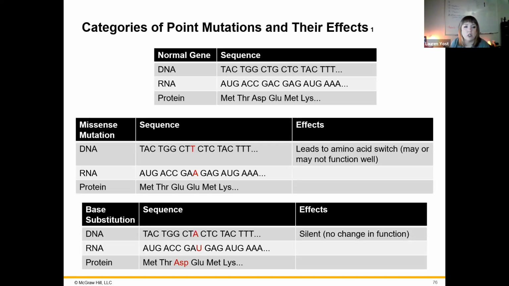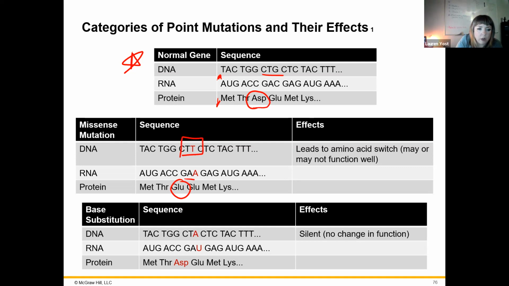All right, so this is just looking at some of the mutations. The top is the actual normal gene. This is the DNA sequence, and this is the protein result. So in a missense mutation, we had methionine, threonine, and aspartate, but here we have glutamate, and that is because we changed from CTG to CTT.